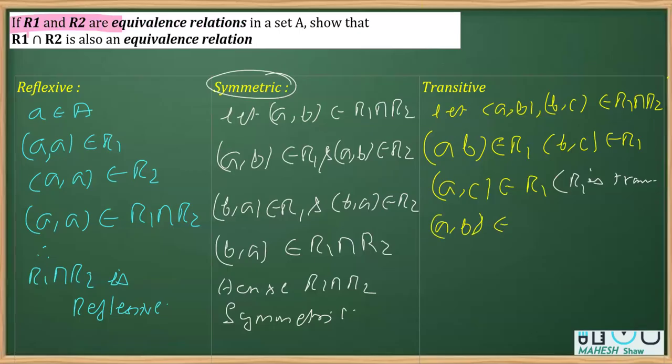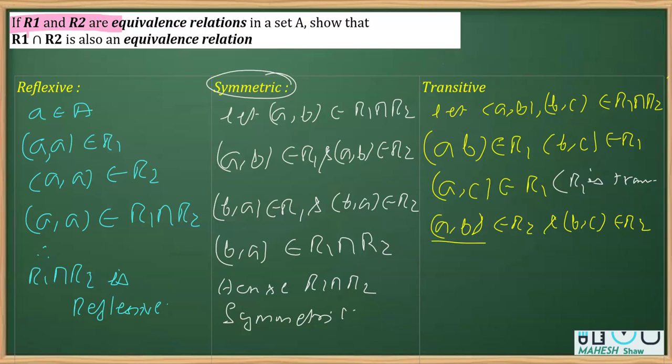(a, b) belongs to R2 and (b, c) also belongs to R2, since (a, b), (b, c) belongs to the intersection of R1 and R2.